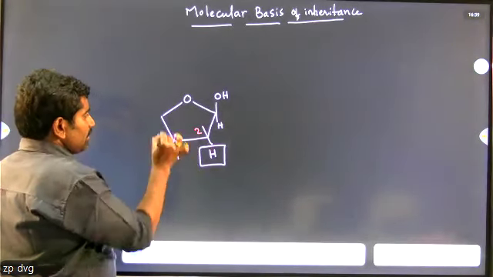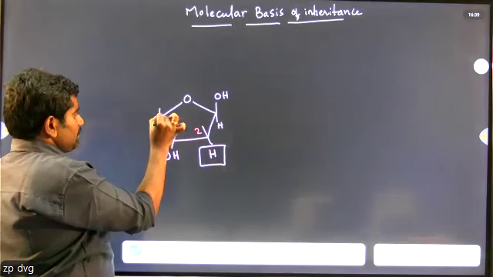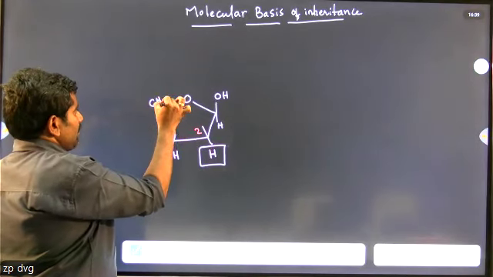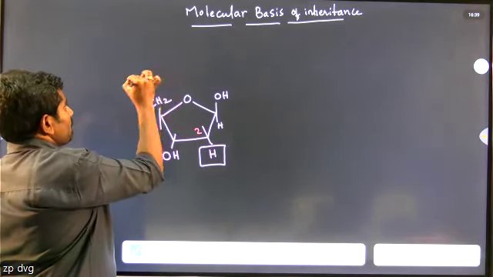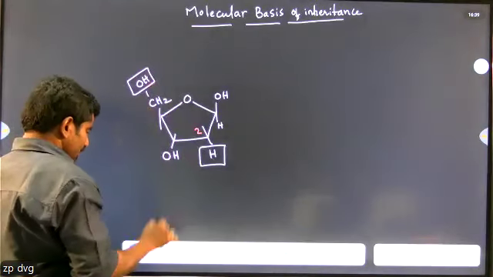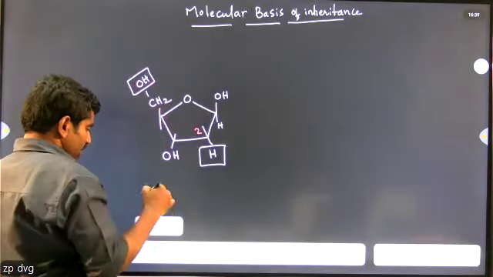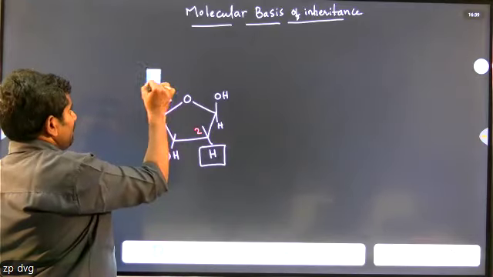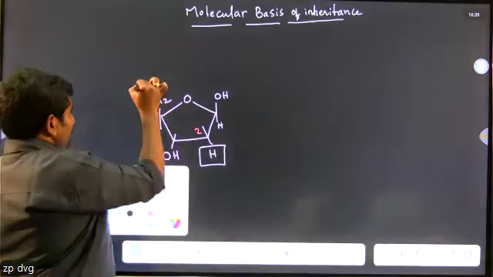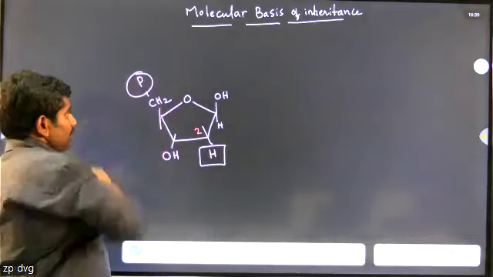If it is free, then this is CH2 and this is one OH group. So this OH group is replaced by phosphate. So let us write phosphate. Clear?